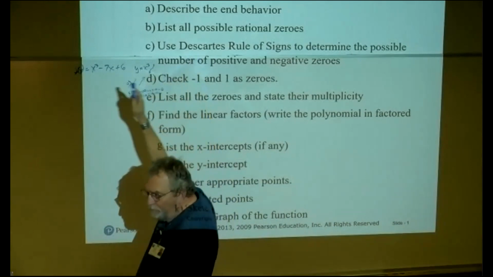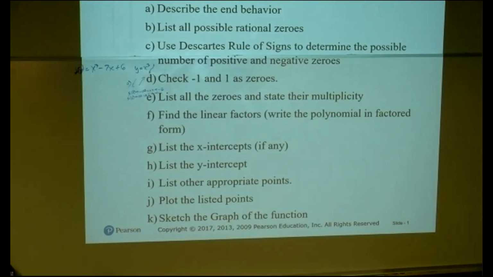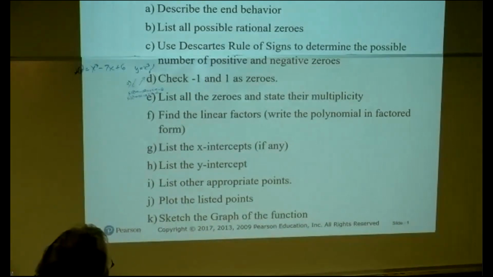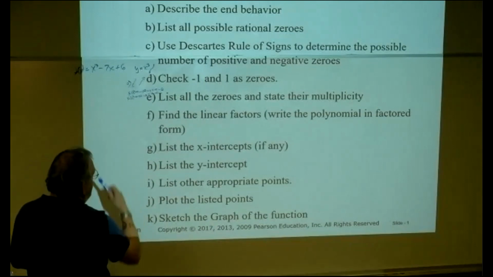Tell me. That's what you're going to have to do on the exam without me helping you. Switch all the signs? No, that's for letter C. Letter C is Descartes' rule of signs, and that's determining what happens with the sign changes.